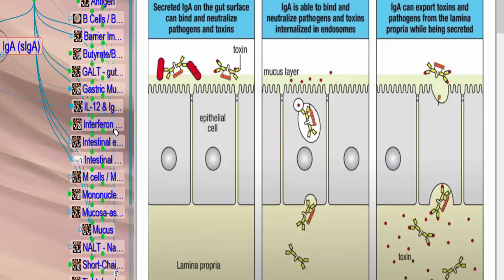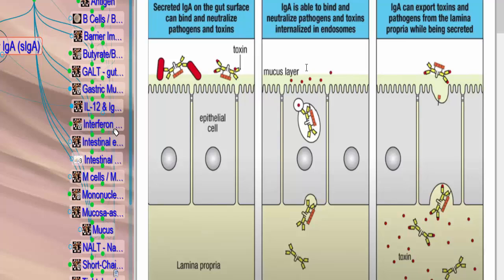And it's not actually killing them. What it's doing is preventing them from being able to enter into the cell. And it does the same thing for toxins. So it's grabbing stuff, preventing it from being able to get into the cell. And it's just going to float along that loose layer of mucosa and be excreted at some point.